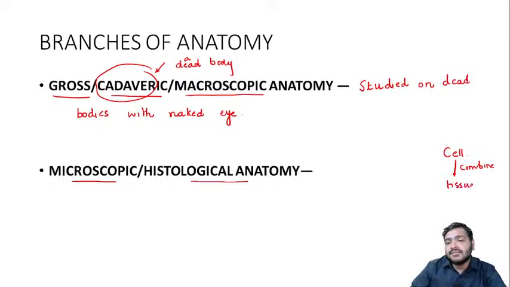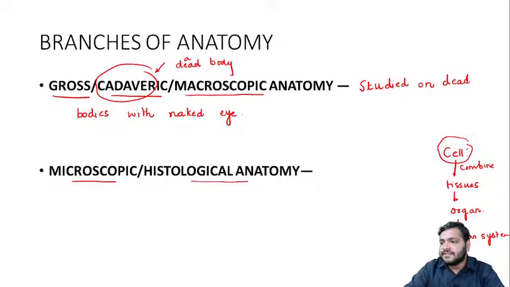Tissues combine and form organs. Organs combine and together form the organ systems of the body, and ultimately the body or the skeletal framework is ready. So the cell is the basic structural unit of life.